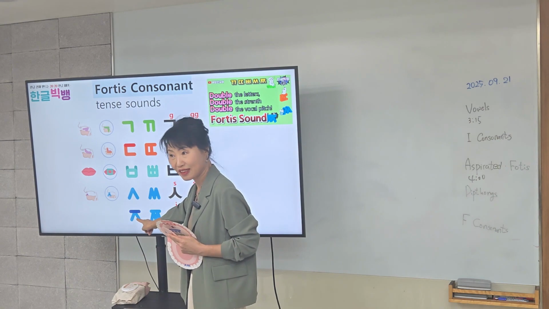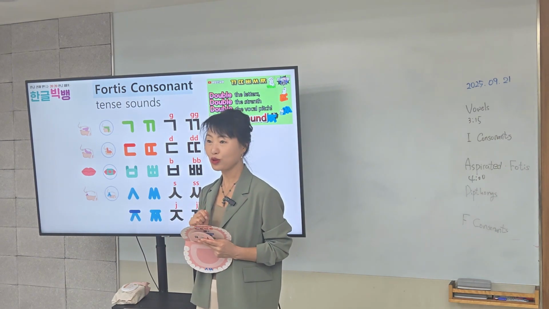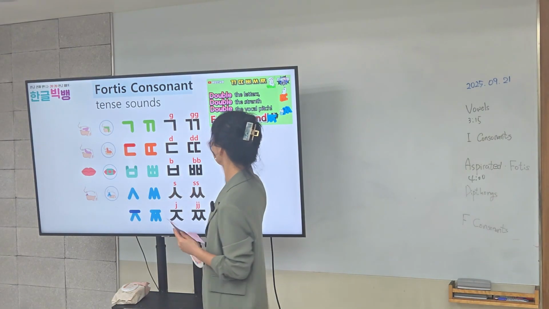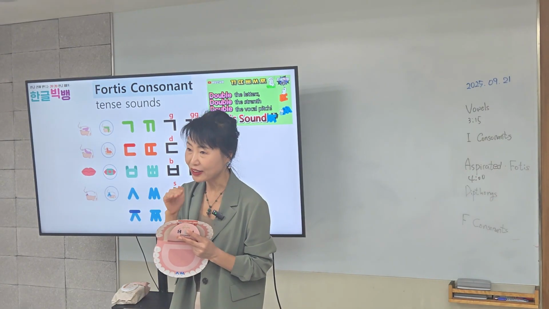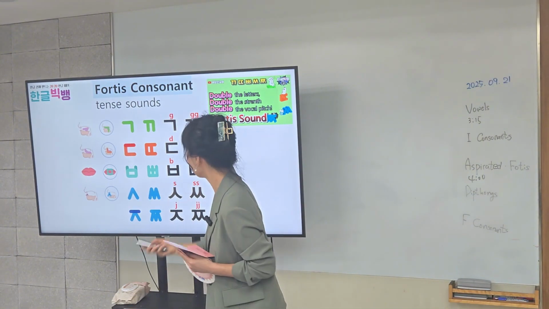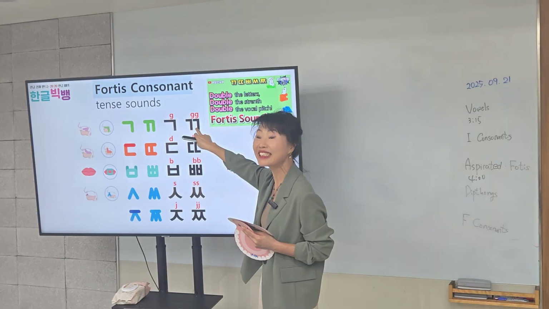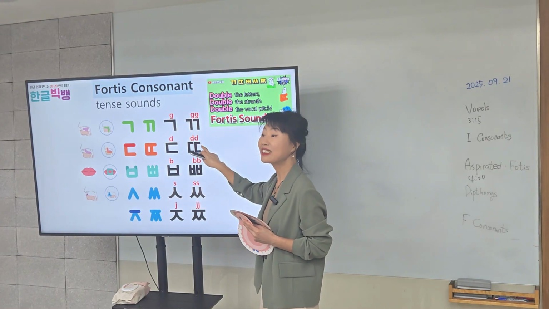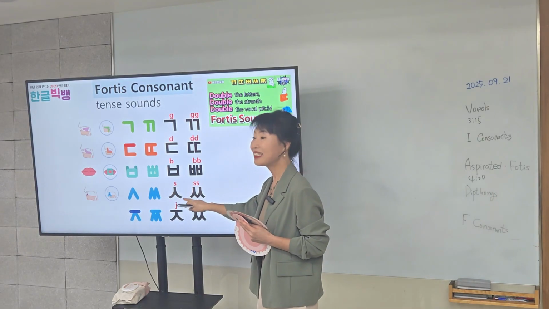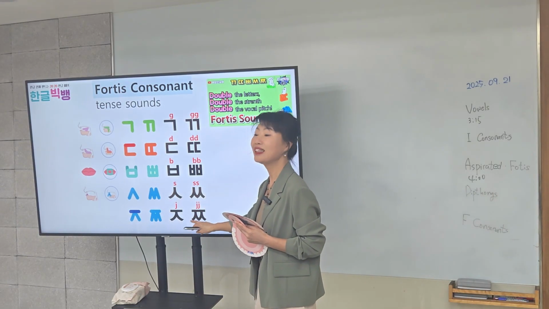Good. 주. Oh, your pronunciation is so good. It is not easy to pronounce. So just remember, add more tension with a higher pitch. Okay, and no air. So this is 그, this is 끄. 드, 뜨. 부, 뿌. 스, 쓰. 즈, 쯔.